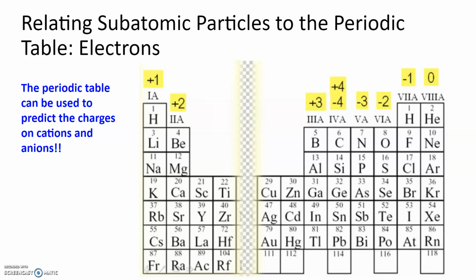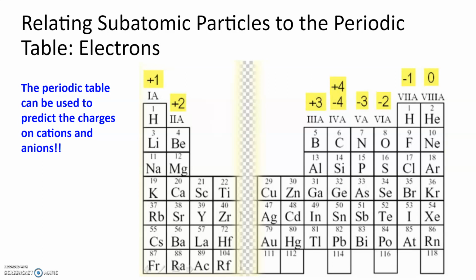Nitrogen and phosphorus can go ahead and gain 3 electrons. So nitrogen, phosphorus, arsenic, antimony, bismuth, they all gain 3 electrons. Oxygen, sulfur, selenium, those gain 2 electrons to make them -2 anions. And then fluorine, chlorine, bromine, iodine can gain 1 electron.